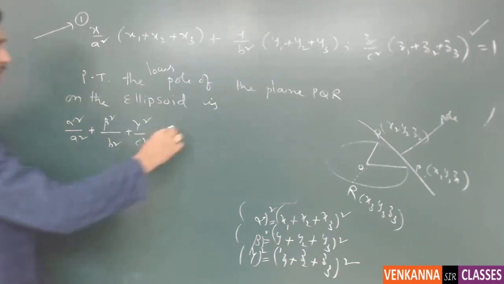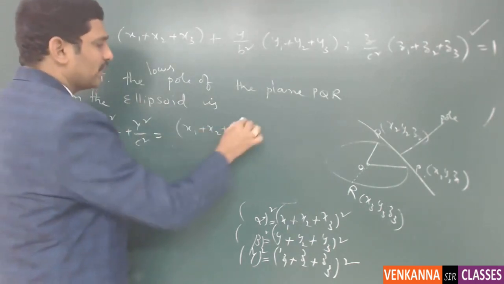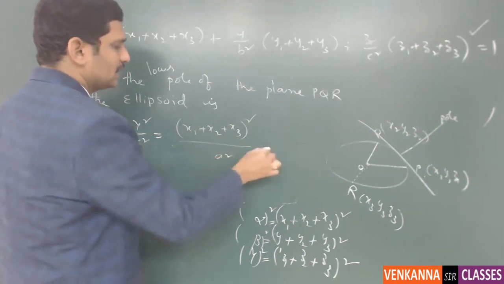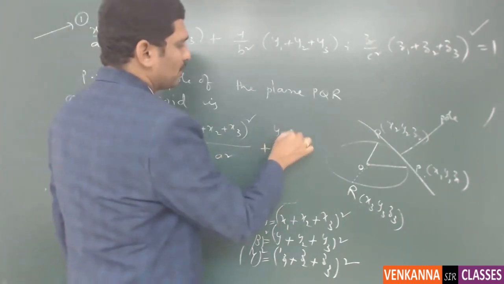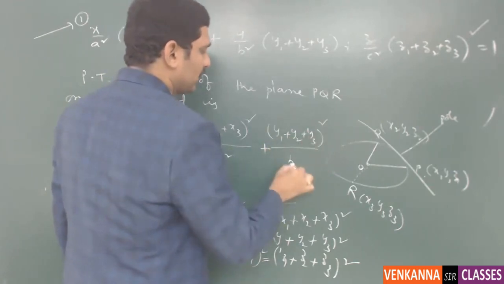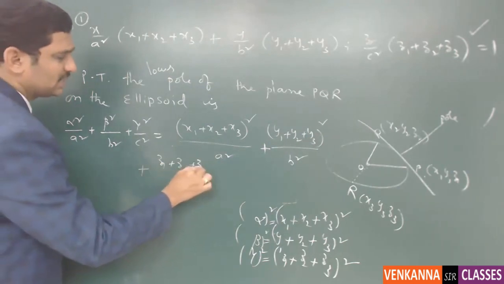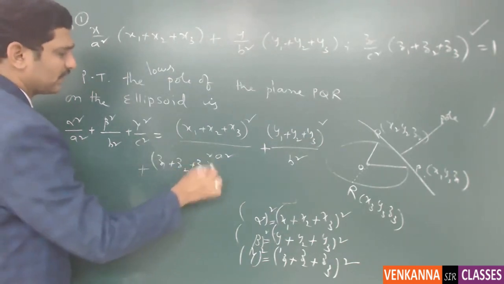It is nothing but x1 plus x2 plus x3 whole square by a square plus y1 plus y2 plus y3 whole square by b square plus z1 plus z2 plus z3 whole square by c square.